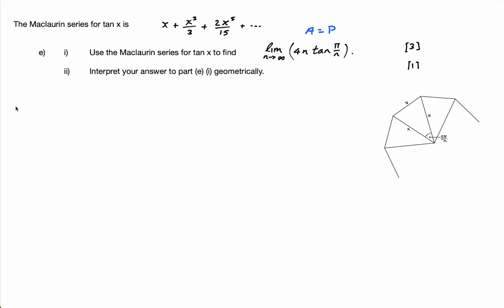So let us use this Maclaurin series to do what they want. So it's the limit as n approaches infinity of 4n times, now we're going to turn this into the Maclaurin series. So x is basically pi over n.